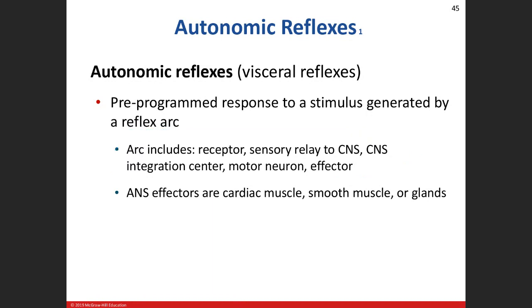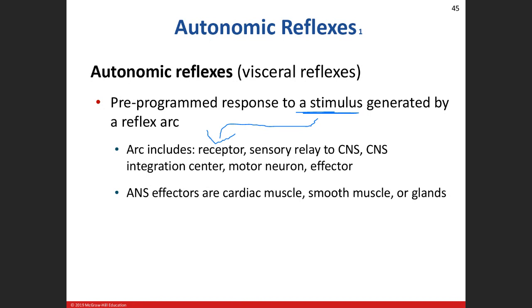It all starts off with a stimulus, okay, that is picked up or monitored by a receptor. That receptor has to be specific to a specific stimulus. For example, sight. The receptors that we use for sight are called photoreceptors, and they operate on light.